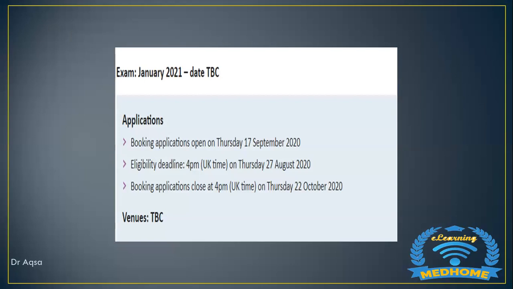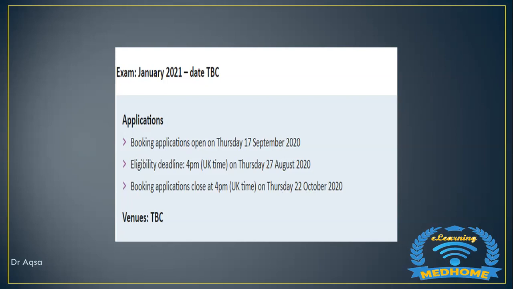Now the date for this eligibility form has already gone, that was Thursday, 27th of August, 2020. And the application for the forms is opening day after tomorrow, that is 17th of September, Thursday. And they will close after 1 month, that is on Thursday, 22nd of October, 2020.